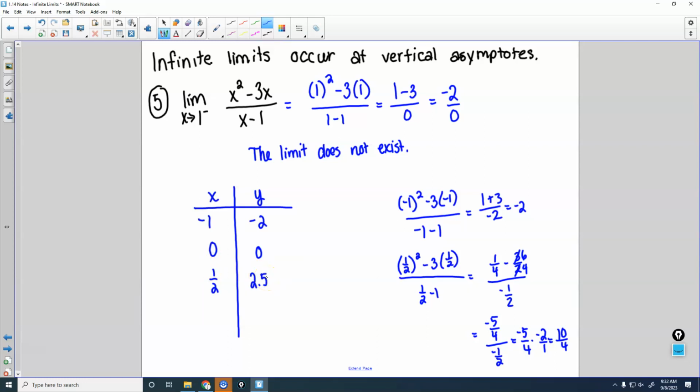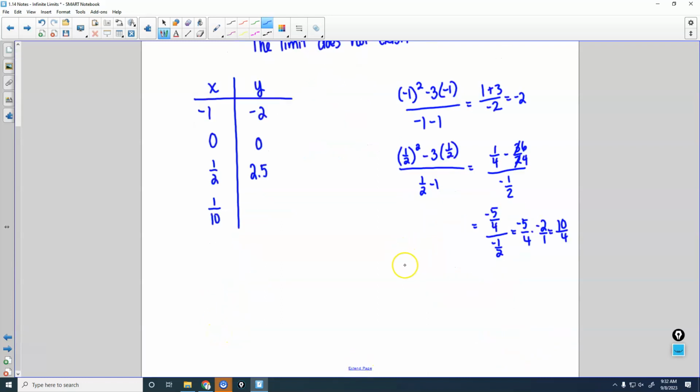Now, if this is on an exam, and I was crunched for time, I'd probably say infinity and go on with it. Let's do one more just to feel a little better. Let's do 1/10. 1/10 is pretty easy to work with because 10 is easy to deal with. So if I do 1/10 squared minus 3 times 1/10 over 1/10 minus 1, we get 1 over 100 minus 3 over 10 over -9 over 10.